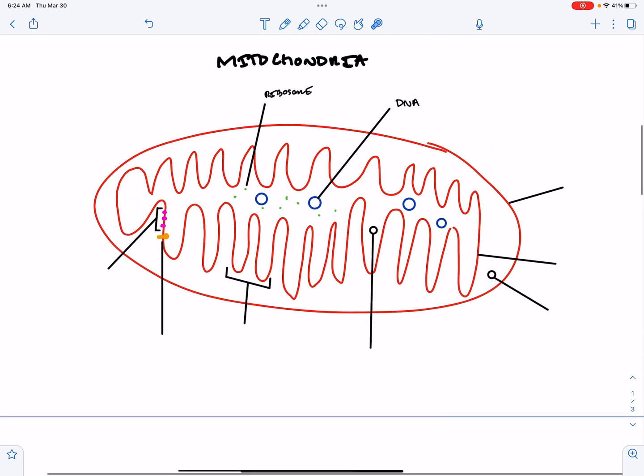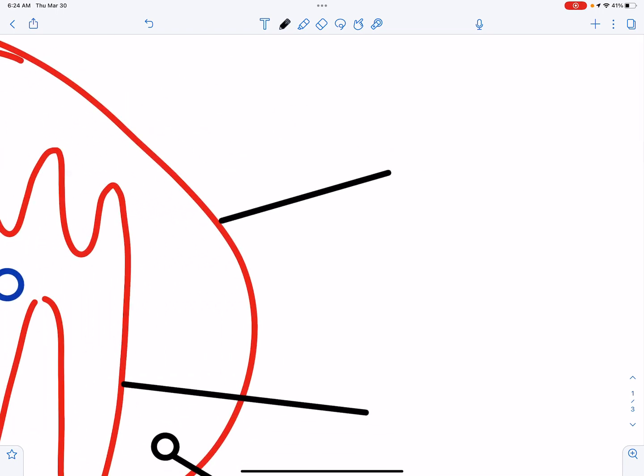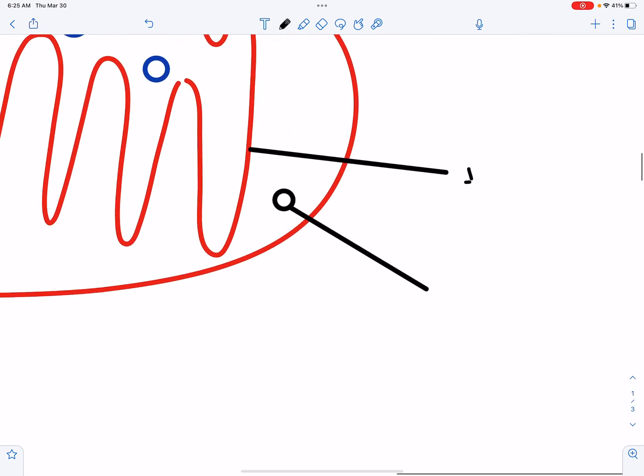The mitochondria is composed of two lipid bilayers. The outer one is surprisingly called the outer membrane. And the inner one is called the inner membrane.